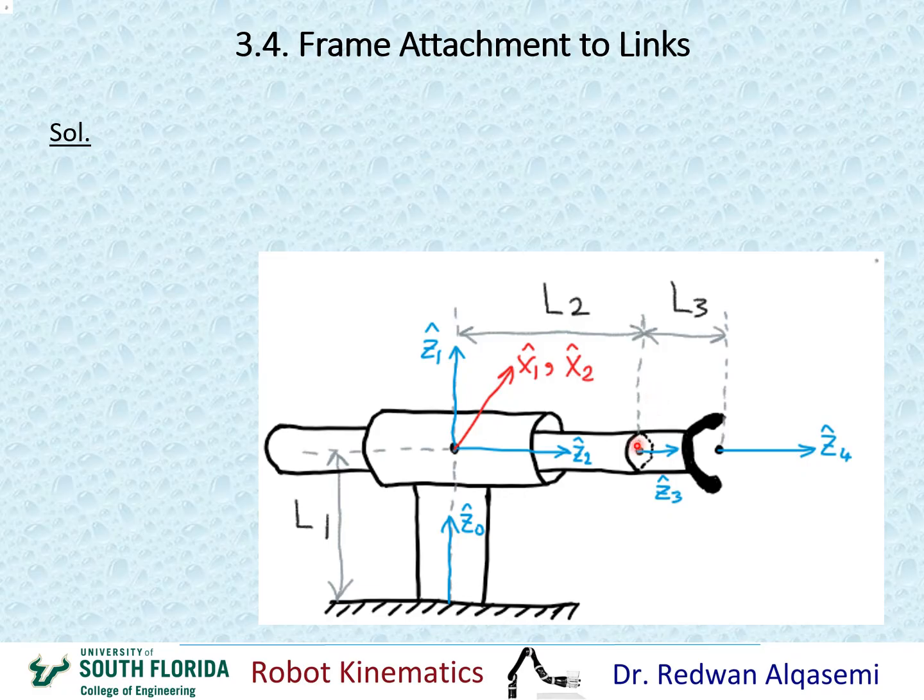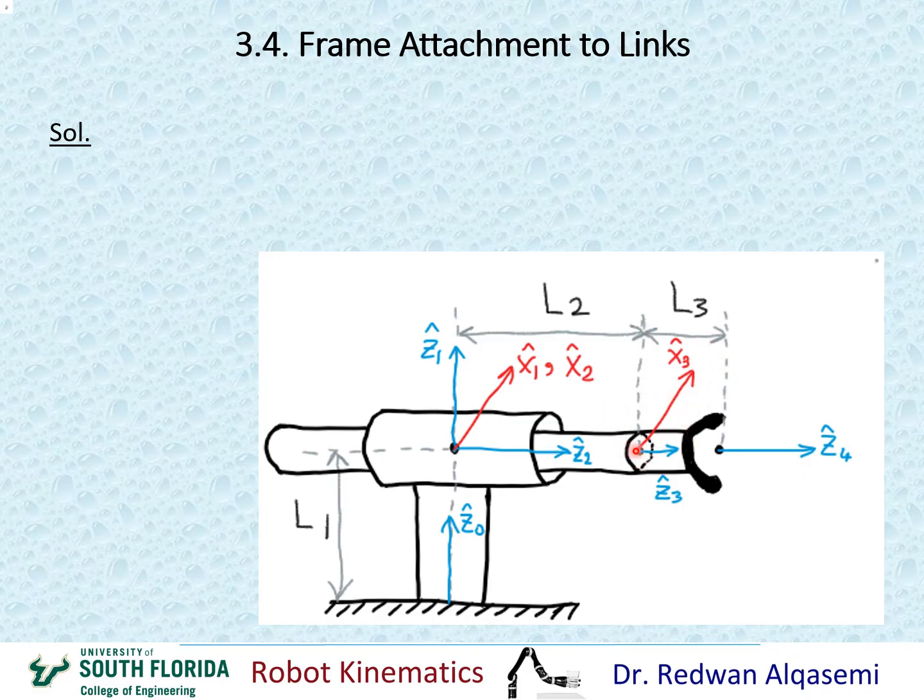Again, it can be any direction as long as it's perpendicular to the Z3, Z4 line. So I'm going to choose the same direction as x2. This way we can eliminate an angle, make it 0, which is the theta angle between x2 and x3. We'll see this in the DH parameters once we get there. So I'm going to start my x3 from here and go in the same direction as x2, as you see right here.